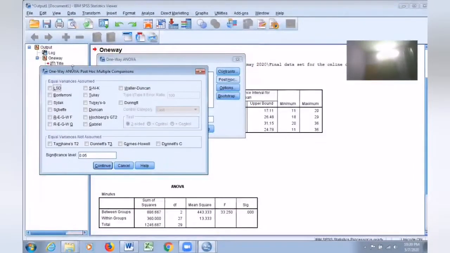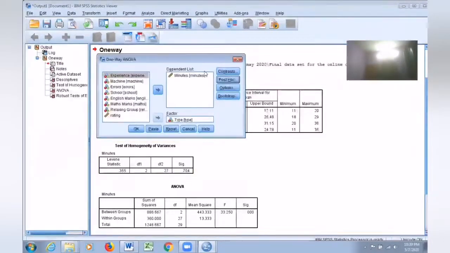In post hoc, many tests are there, and we know that the homogeneity of variance is assumed. So you can select any one from the first part of this box. The most widely used post hoc test is Tukey HSD, highly significant difference. So I have opted for Tukey. I click continue. Let all the remaining things be there as such.